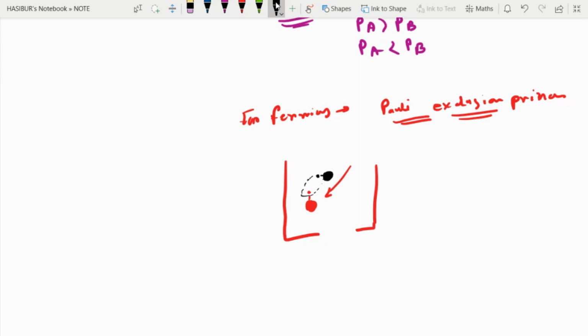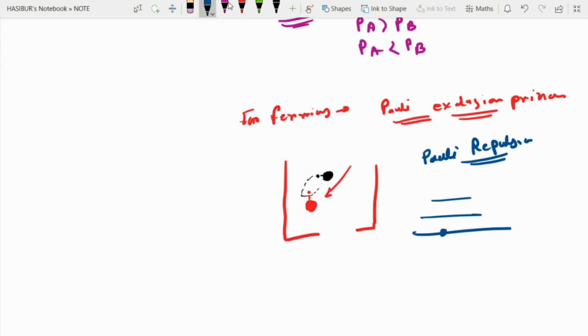Now depending on the spin, there can be a Pauli repulsion. Suppose there are two fermions in the ground state or any state, one spin up and one spin down, and now you add another electron to this system, spin up or spin down, any of them.